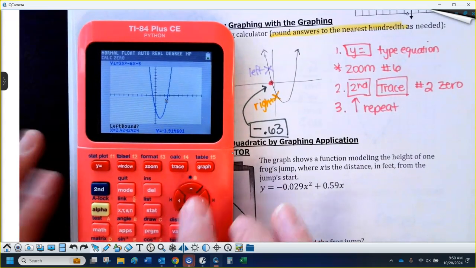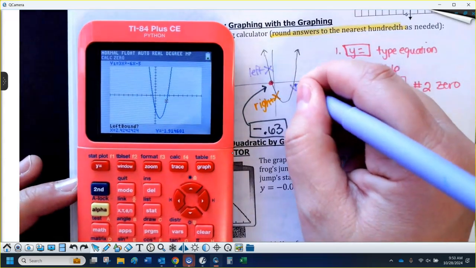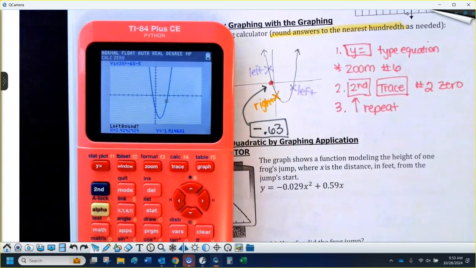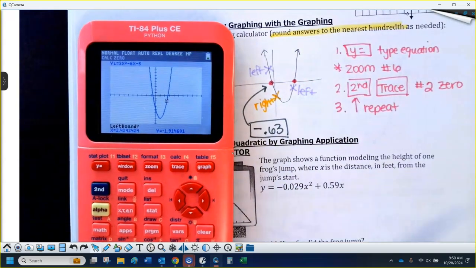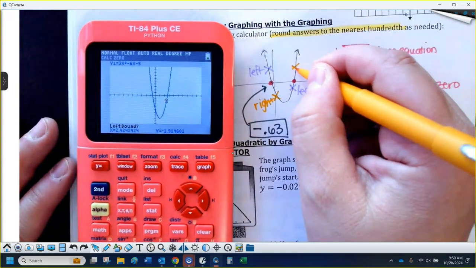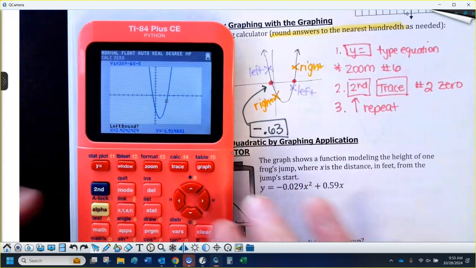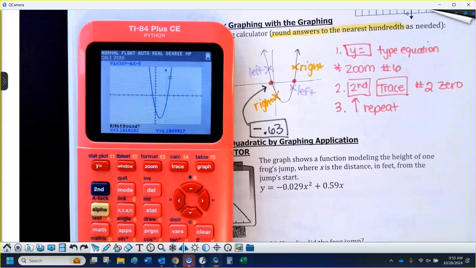As I approach this from the left, the left side is going to be below the x-axis. Here's the 0. And somewhere on the right, as I approach this, is going to be above the x-axis. So just left side underneath, move it up a little bit, right side above the x-axis.